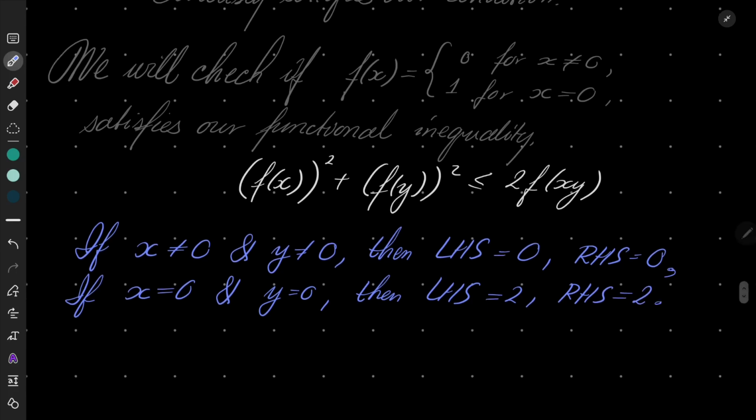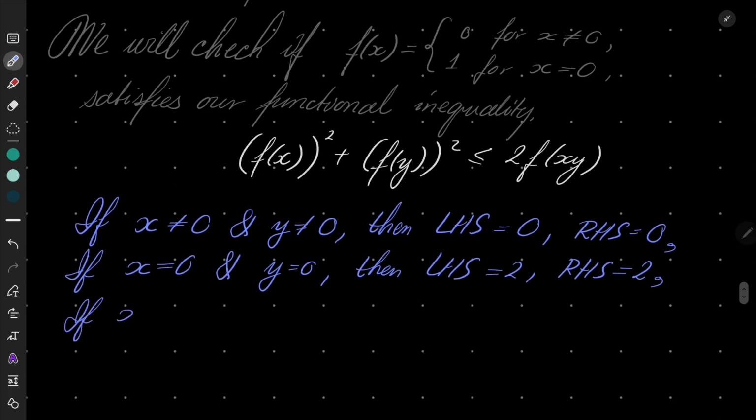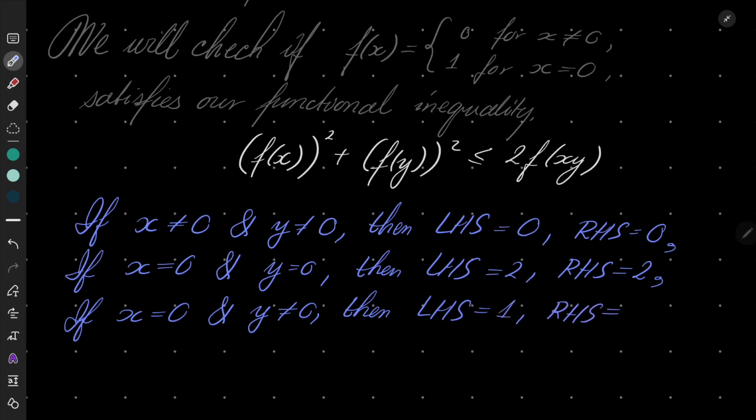And finally, if x is 0 and y is not 0, then the left hand side will be f of 0 squared, which is 1, plus 0, is 1, and on the right hand side we get 2 times f of 0. f of 0 is 1, so it's 2. We see that in any of the three cases, our inequality is fulfilled, because 0 is less than or equal to 0, and so on.